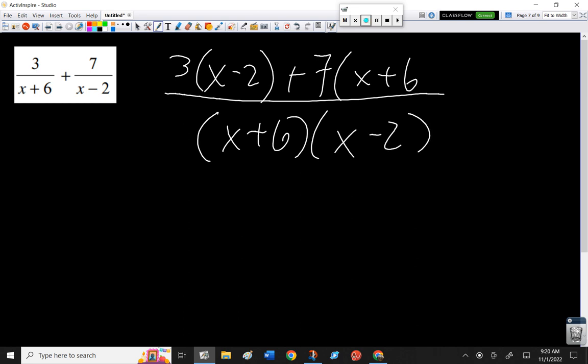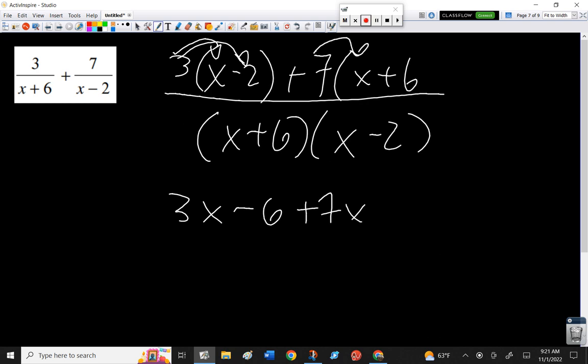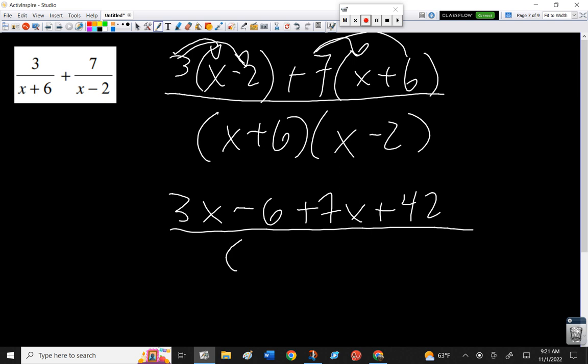Okay? Using distributive property, 3 times x, 3x, 3 times negative 2, negative 6, 7 times x, plus 7x, and 7 times 6. That will give us 42. All of this, ladies and gentlemen, will be over x plus 6, x minus 2 from our shortcut.